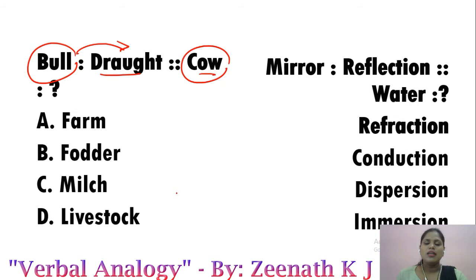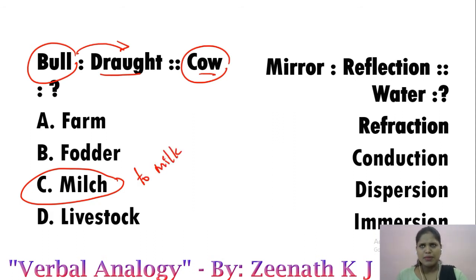If you just use your common sense, you can easily get to know the answer. The answer has to be option C, because milch means to milk. Cow is an animal which is used as a milking animal, like how bull is a draught animal. So the answer has to be option C.